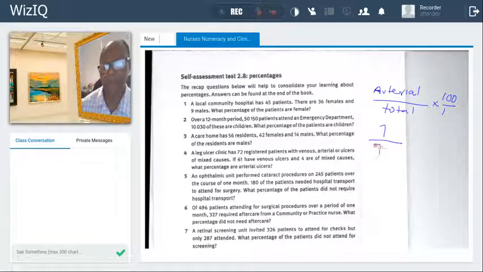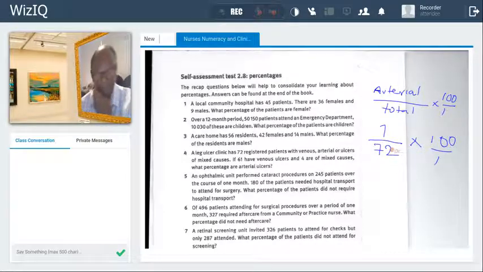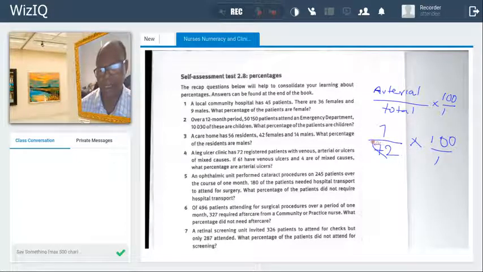And we have 72. The total is 72. That's what we've been given. Times 100 over 1. Okay. So you can start with a smaller number. It doesn't matter. We can start with 2. So 2 into 7 is 3. 3 times 2 is 6.